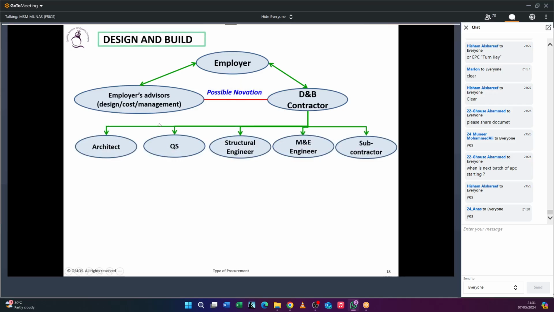Does the employer have any contractual relationship with the design team? No. So who is responsible? The contractor. So if any design collapse comes, this person is responsible to this person, and he is responsible to him. You understood?